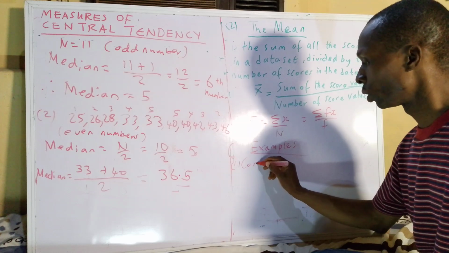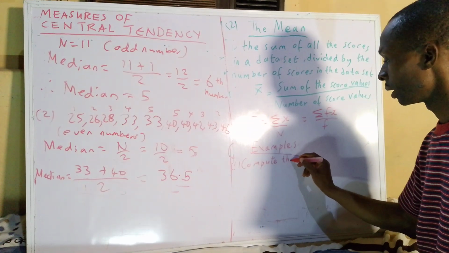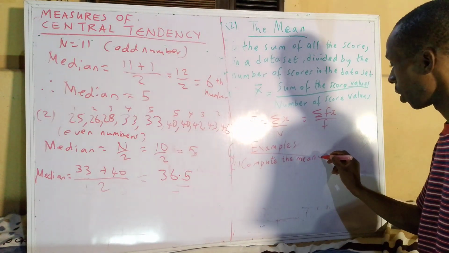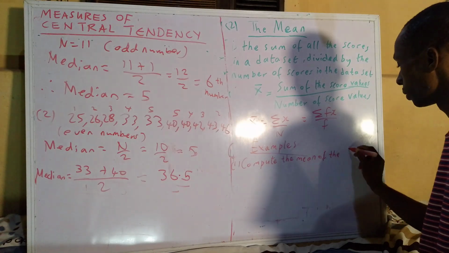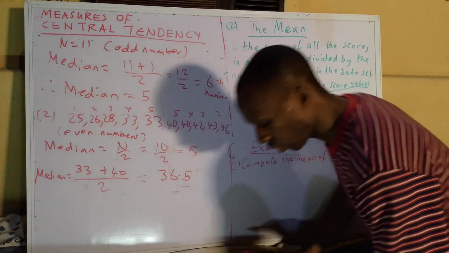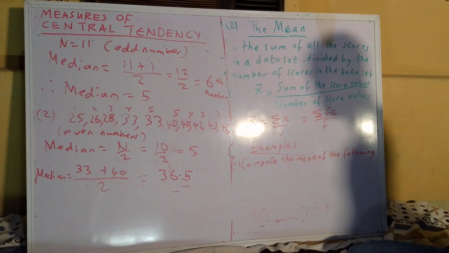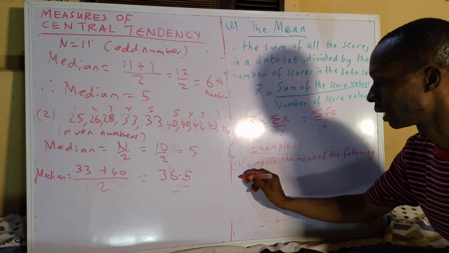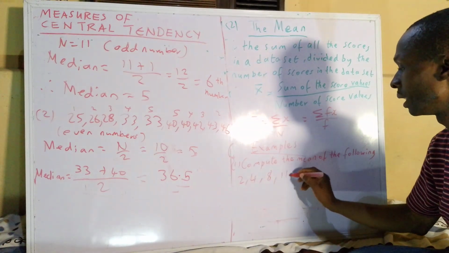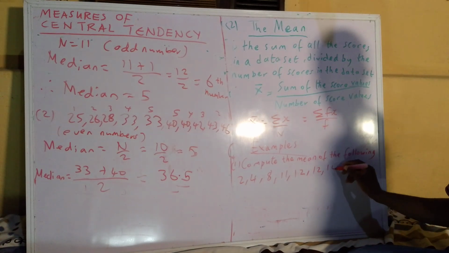One, compute the mean of the following list of scores: 2, 4, 8, 11, 12, 12, and 14.